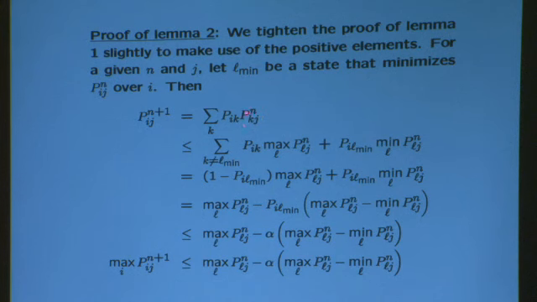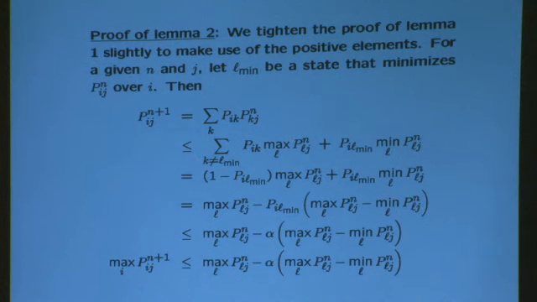But for P_kj^(n), the path that goes from k to j in n steps, we can just bound this term by the maximum over L of P_Lj^(n). So we take the most probable path in n steps such that we end up in state j. This term right here is bounded by this term, which is why we have this less than or equal sign.